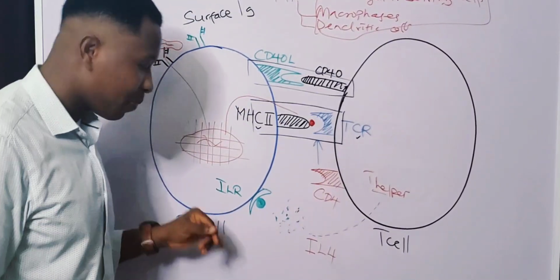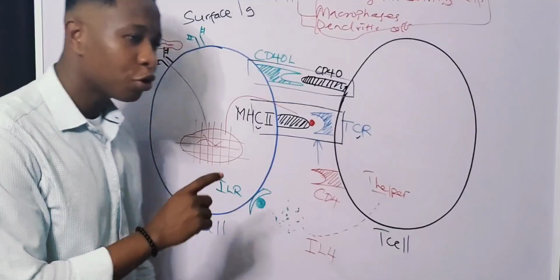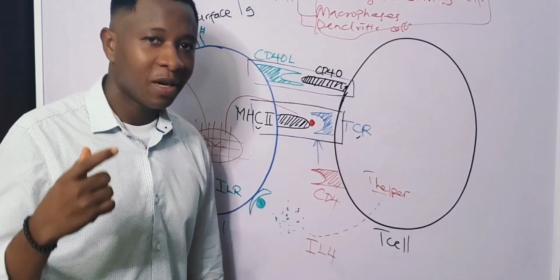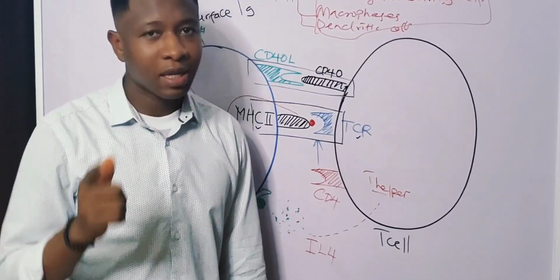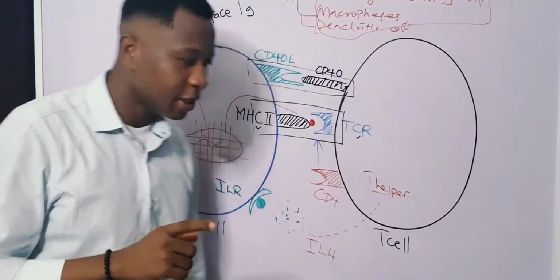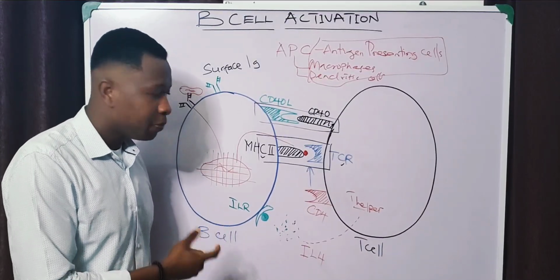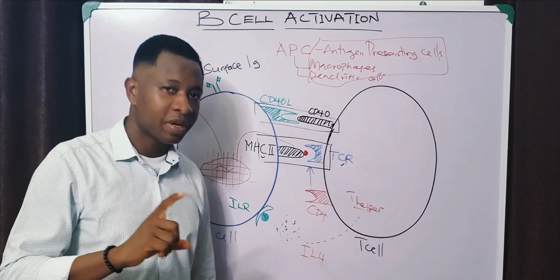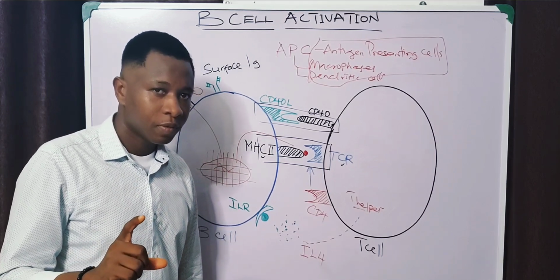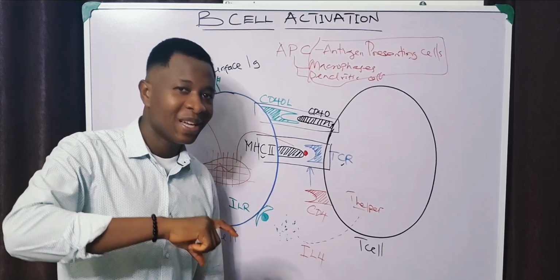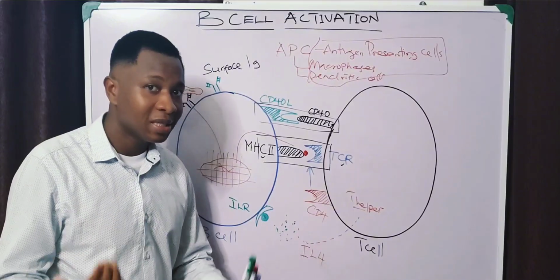Now, when that happens, that will lead us to the particular type of cell that actually produces the antibody. Remember, we said that the antibodies are not produced directly by the B cells. The B cell has to undergo some sort of differentiation to a particular cell that helps it produce antibody.